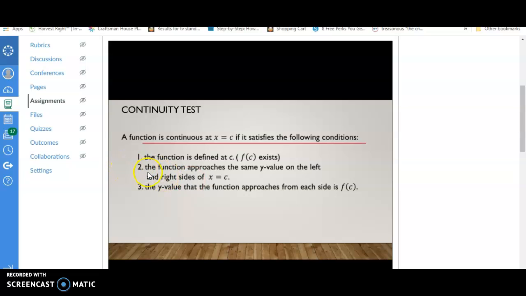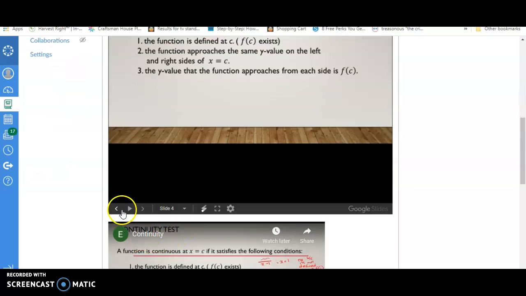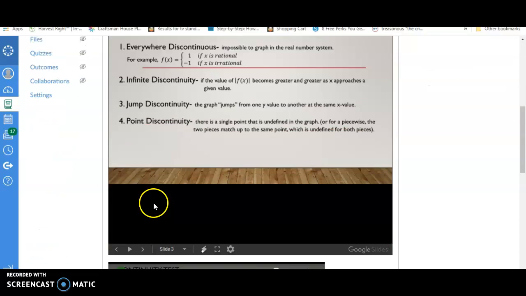Now, the other one that we had, the jump discontinuity, it was fine on f of c. What was not fine was it did not have the same y value on the left and the right sides. Back where we were, that's what I was showing you.